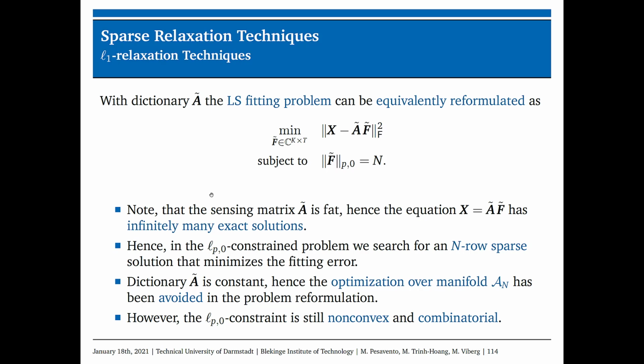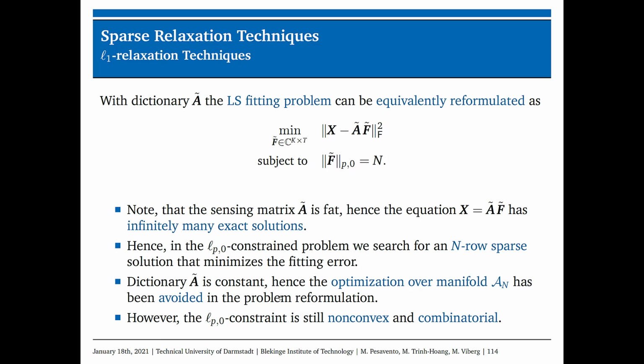As the dictionary matrix A tilde is a fat matrix, the matching function has infinitely many perfect matching solutions. However, we search for the minimizing solution that exhibits a row sparsity in the sense of the mixed P0 norm of exactly N. Hence a solution that has exactly N non-zero rows.